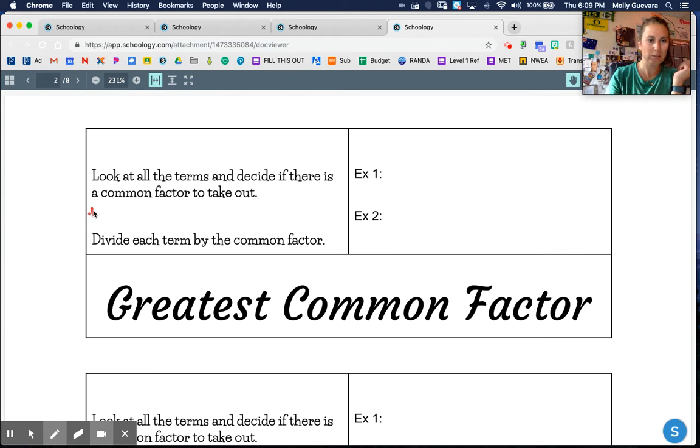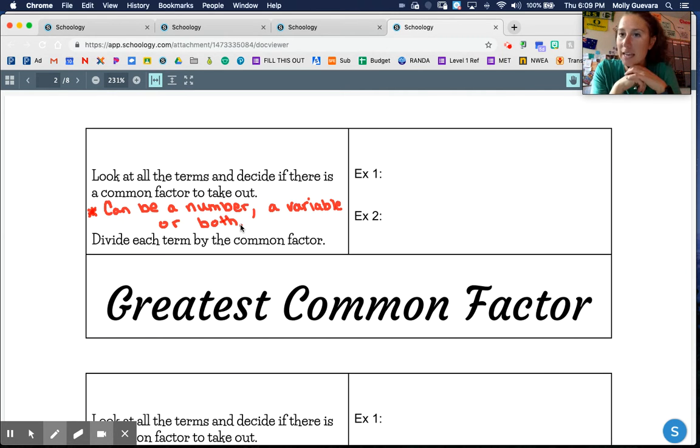So I want to make a little note here that it can be a number, a variable, or both. So you could take out just a 4, or you can take out a 6x, or you can just take out an x squared, right? So whatever is common in every single term, that's what you can take out.